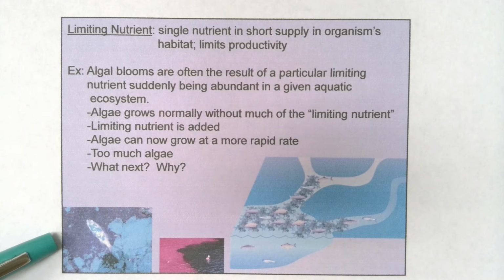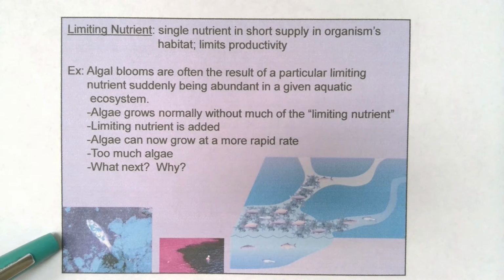When farmers or just a backyard gardener like yourself add fertilizer to their crops or plants, you're adding a limiting nutrient so that you can increase the productivity of that plant so that it will grow more than if you did not add the fertilizer.